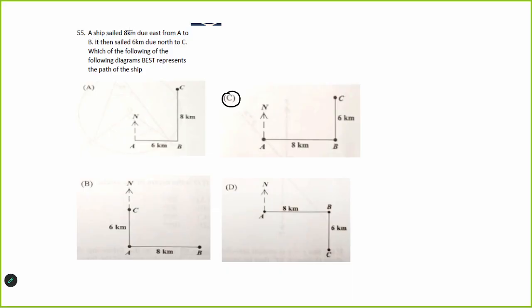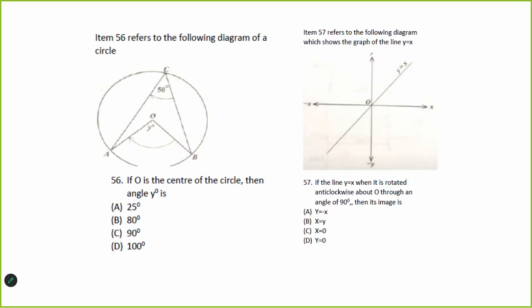A ship sailed 8 kilometers due east from A to B, and then from B you went to point C, which is 6 kilometers north. That's upward. So the answer is C. Number 53, repeated question. We saw that this was 50 times 2 because they are on the same arc. It's doubled, which is 100.